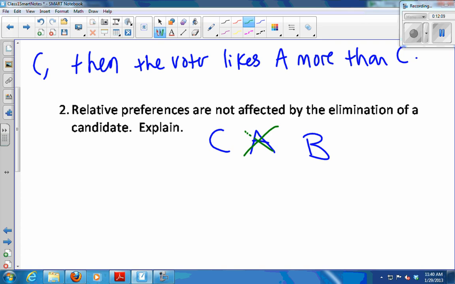I would still prefer A over B. A is not available, so as the counter of the votes I can tell that this person would prefer C over B, even though A is gone. I don't have to re-vote. I can tell what someone would like when you can compare any two choices.